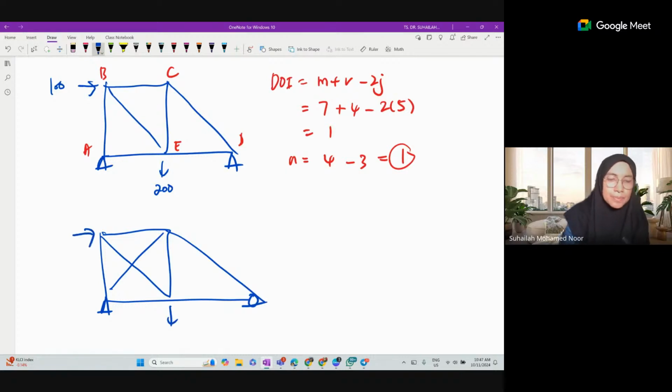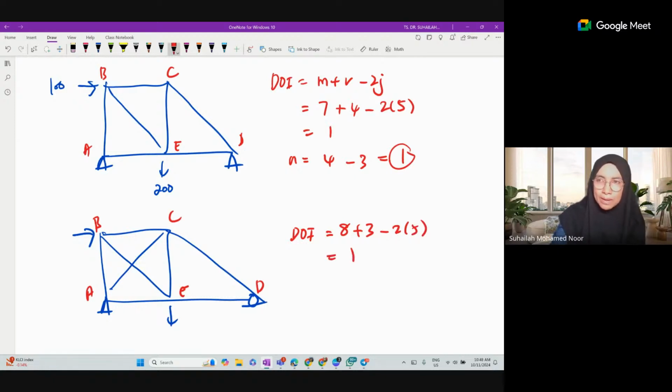Same loading, labeled 1, A, B, C, D, E. Now if we check the DOI, M is now 8 because we have another member, AC, plus reaction is 3, because 1 pin, 1 roller here, and joints is 5. So the total is also 1.